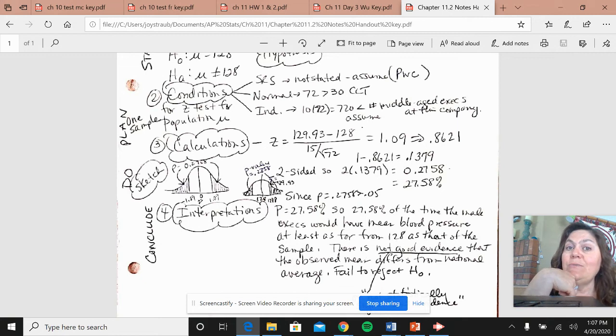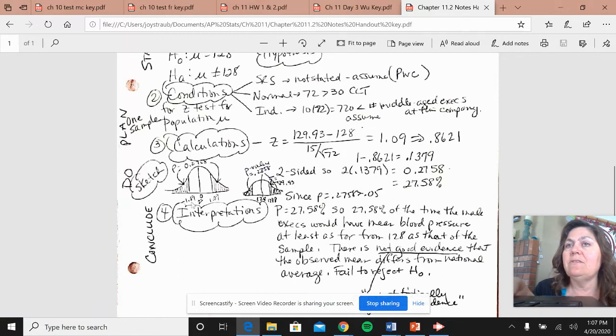Now, why did I do 1 minus that? Because this is a positive z-score, so I'm going to be getting the right tail. When I come up with a negative z-score, I'll be getting the left tail, and I can just use that. But this time I'm over here on the right, okay? And I drew a little z sketch for us here. You don't have to do the z sketch.